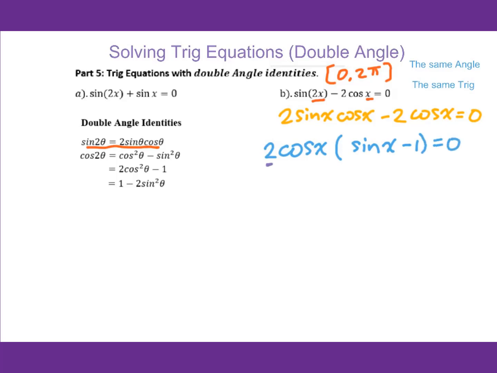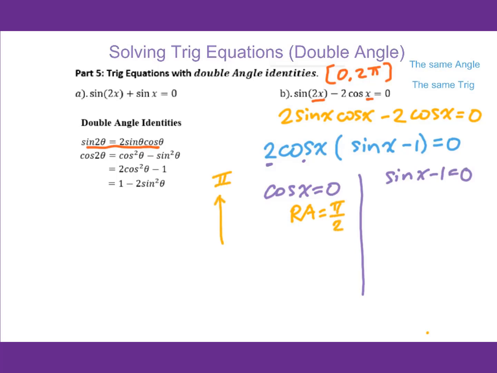2 cannot be 0, so you have to set up cosine x equal to 0 or sine x minus 1 equal to 0. For cosine x equal to 0, we get the reference angle equals pi over 2.